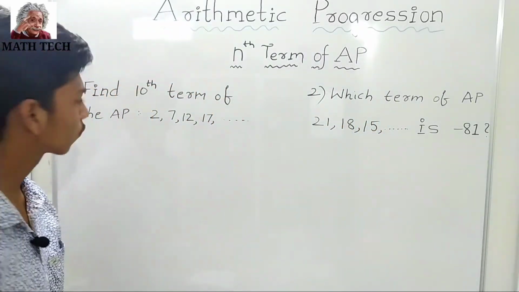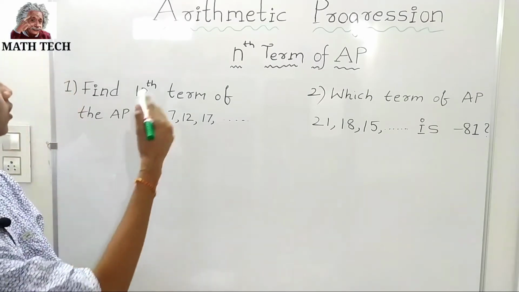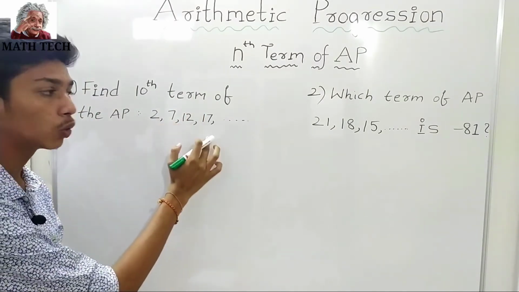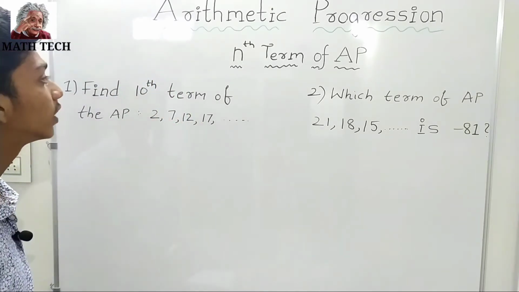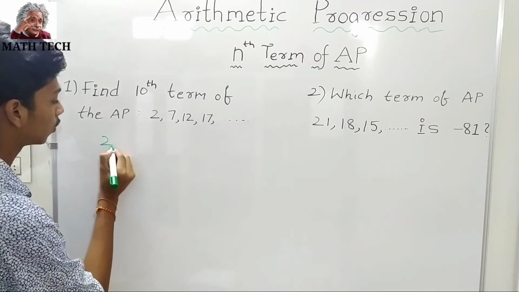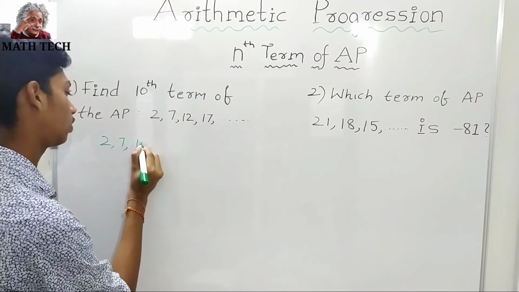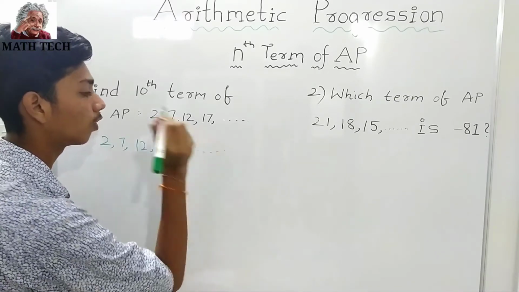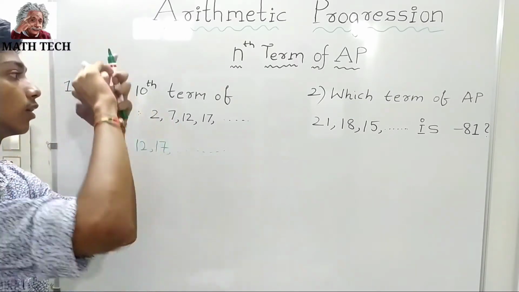The first question is, find the 10th term of the AP. The given AP is 2, 7, 12, 17 and goes on. So we should find the 10th term.